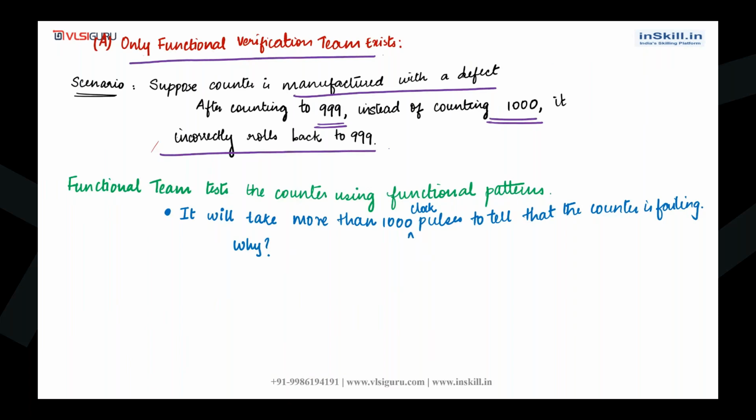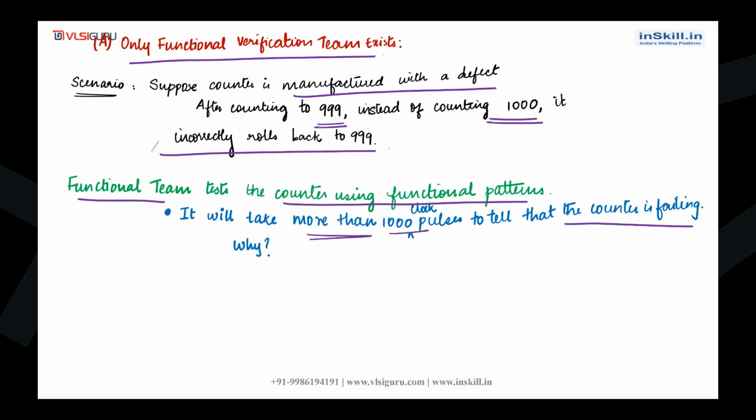Now if only a functional verification team exists, what will happen? The functional team will test the counter using functional patterns. In this case, it will take more than 1000 clock pulses to tell that the counter is failing. Why is it like that?